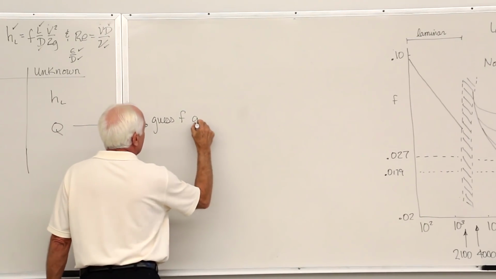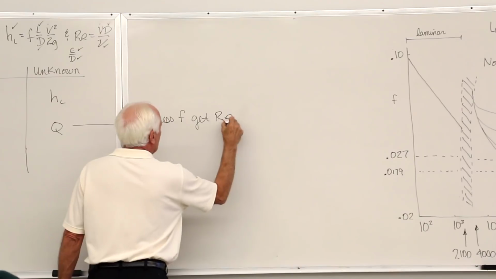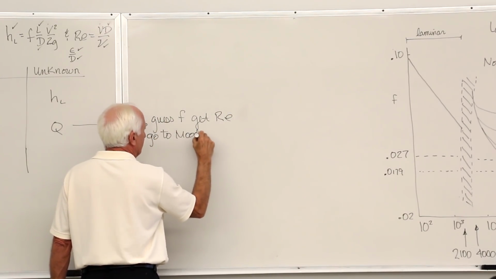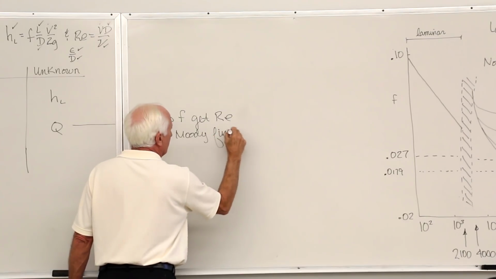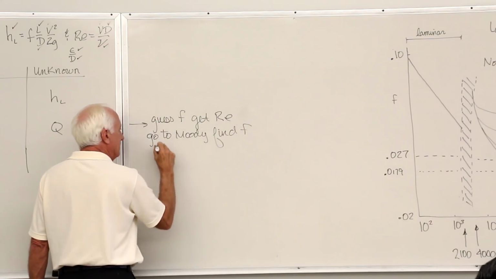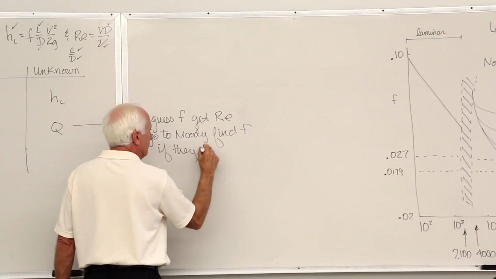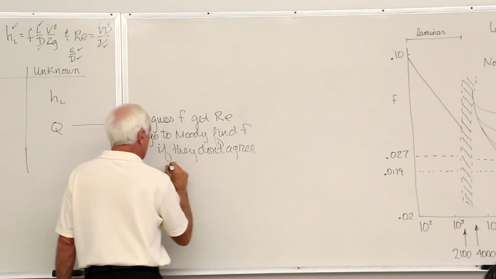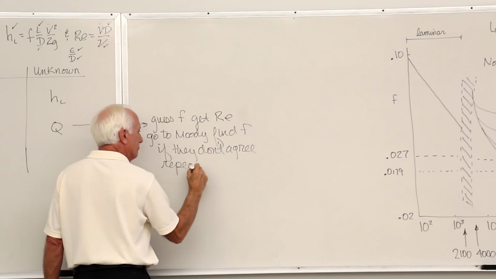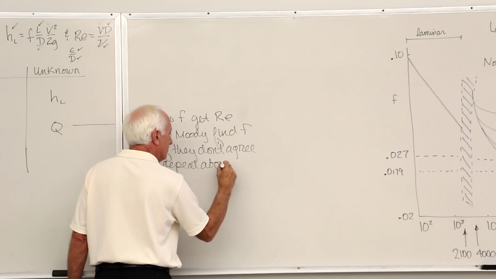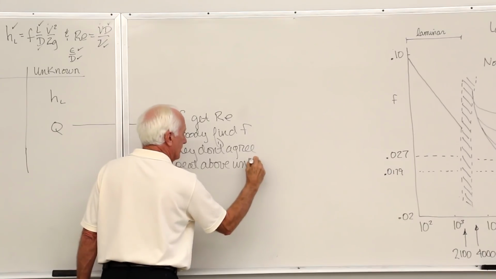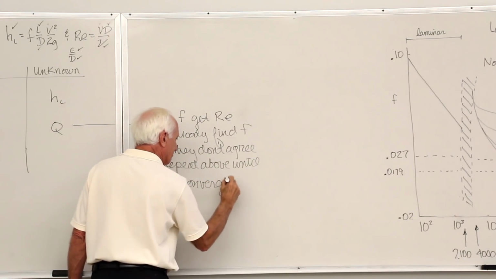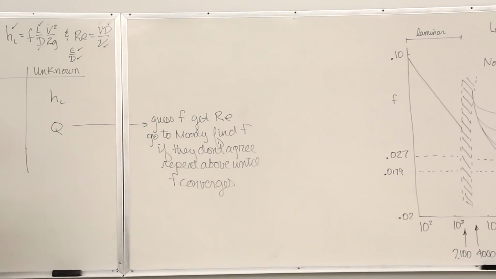Guess F, get Reynolds, go to Moody, find F. If they don't agree, repeat above until F converges. It's an iterative solution.